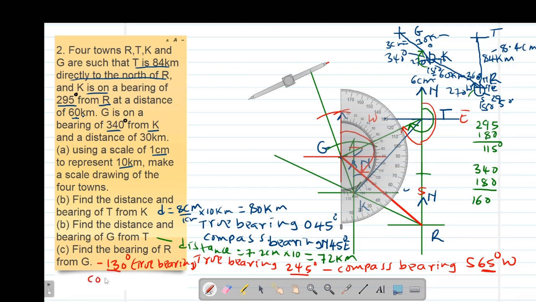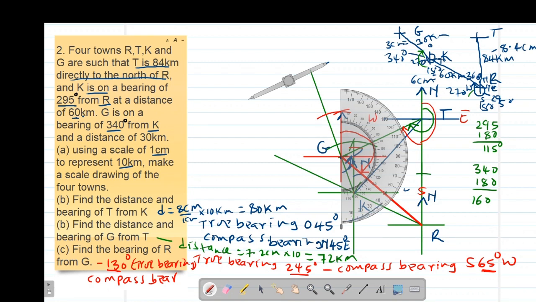Then the compass bearing will be, we are going to focus on the angle that is in contact with the north-south line. The angle that is in contact with the north-south line is this angle here. So this is the angle that is required. If I use the outer scale, from 0 up to this point, the angle will be 50 degrees.